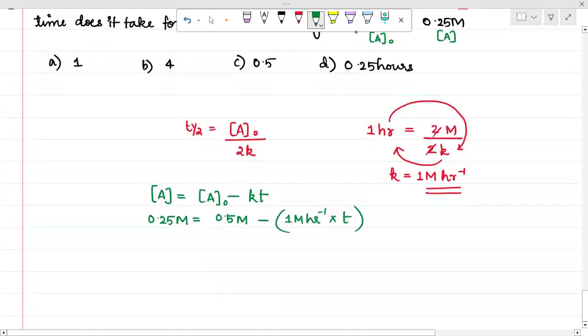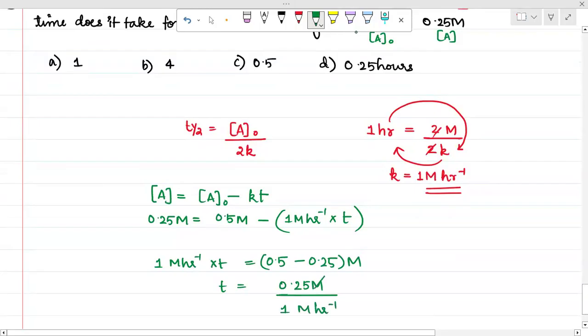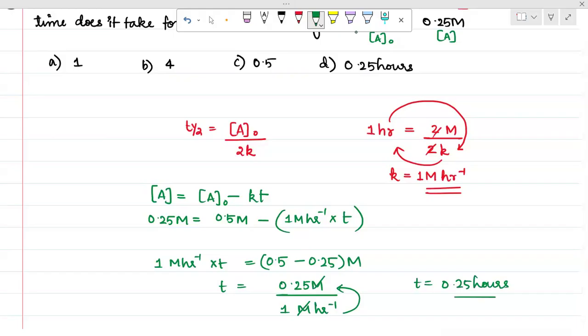So we can rearrange. You take 1 molar per hour into time is equal to 0.5 minus 0.25 molar, which means time is equal to 0.5 minus 0.25, which is 0.25 molar, divided by the rate constant, 1 molar per hour. So molar gets cancelled. Per hour comes to the numerator and it becomes 0.25 hours. Option D. Very easy. Option D.